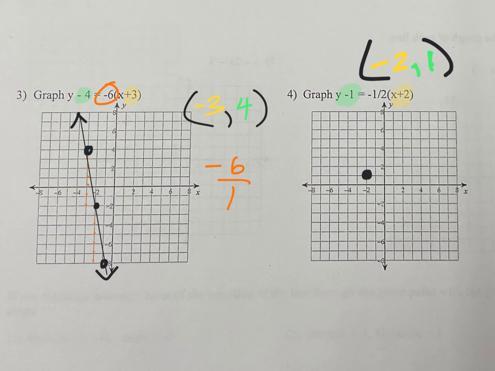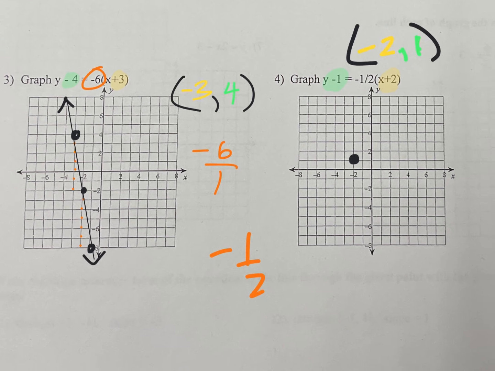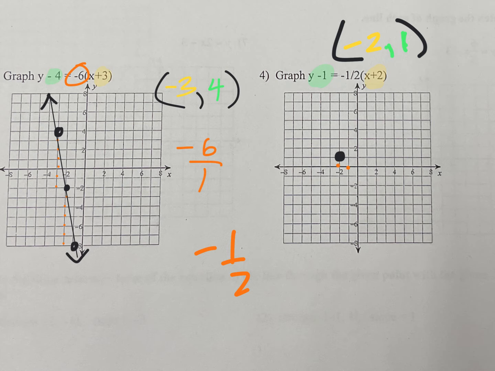And now I'm going to use that slope of -1 over 2. So down 1 over 2, and then down 1 over 2 again. So this would have been one that if you did want to switch it over into slope-intercept, the y-intercept would have been a whole number, but that doesn't always happen. So that's your number 4.